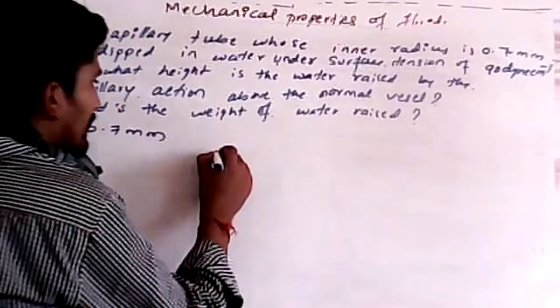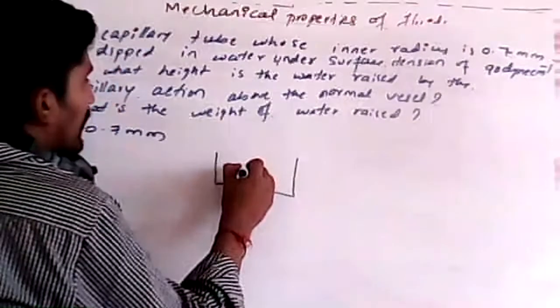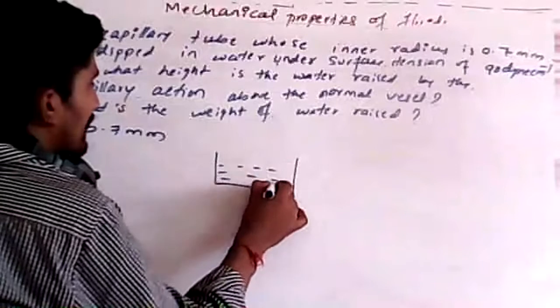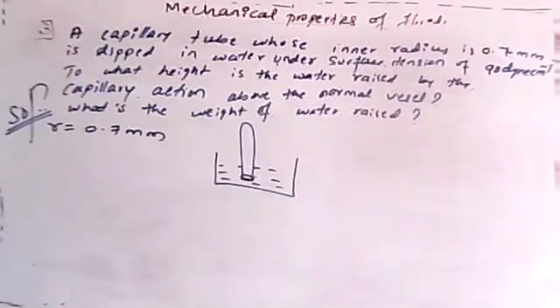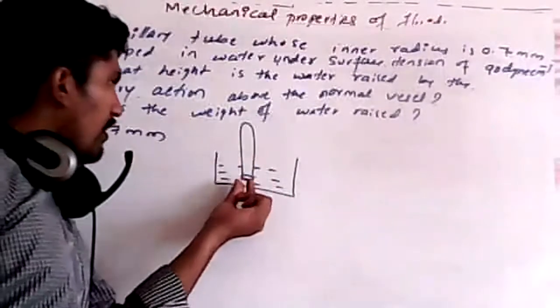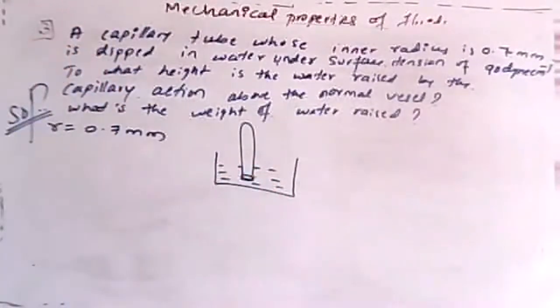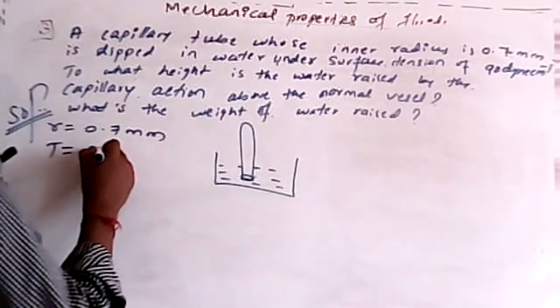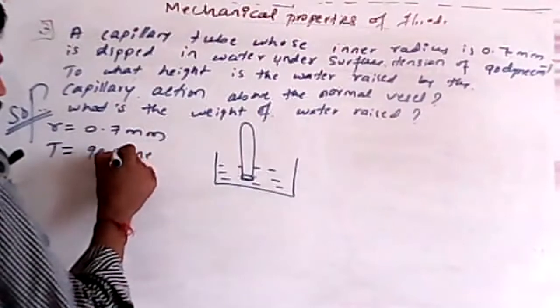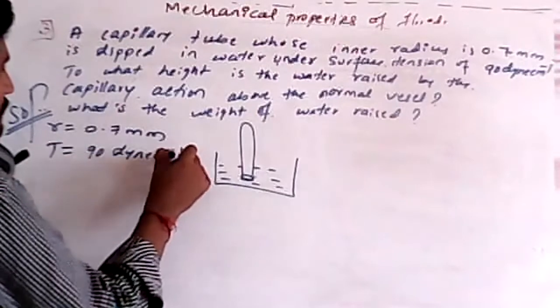So for example, like this, a capillary tube which is dipped inside, like this. Inner radius is given means the inner side of this capillary tube. Water surface tension will be given. What is that surface tension? 90 dyne they have given, dyne per centimeter.